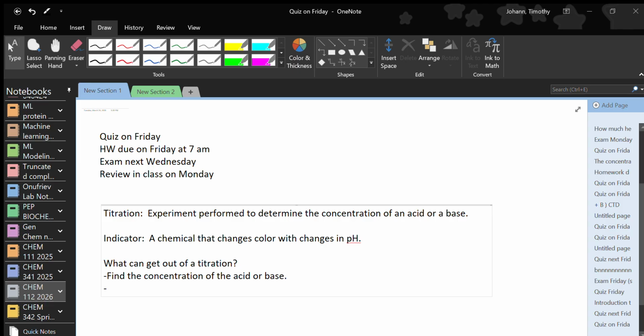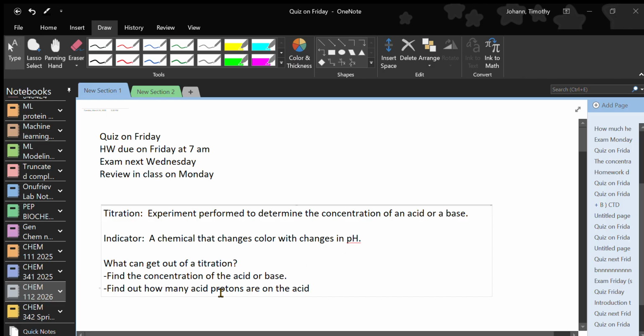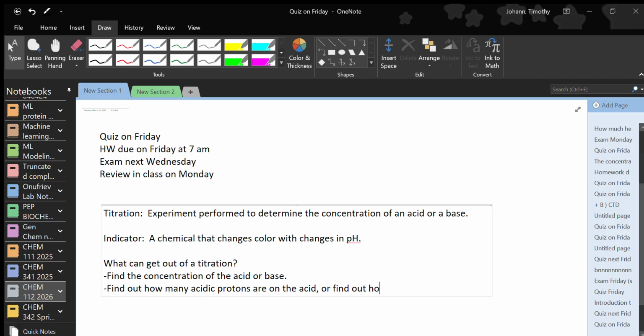We can also find whether the acid is polyprotic or the base has more than one hydroxide, that is, find out how many acidic protons are on the acid, or find out how many hydroxides are in the base.